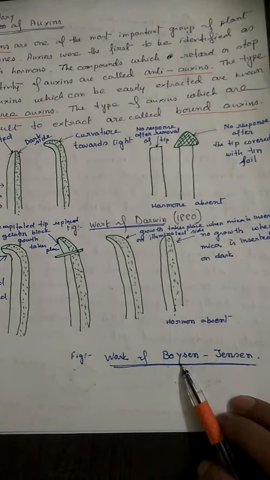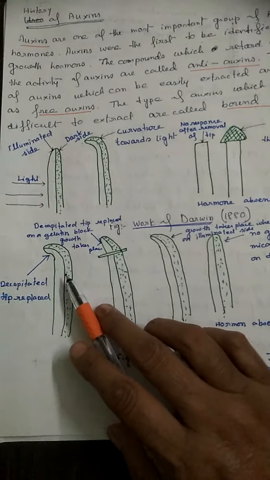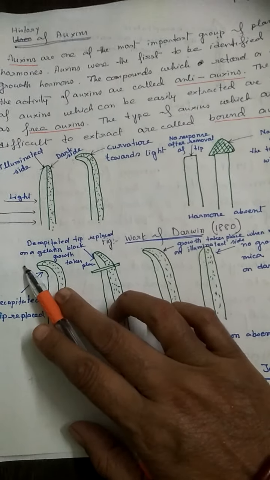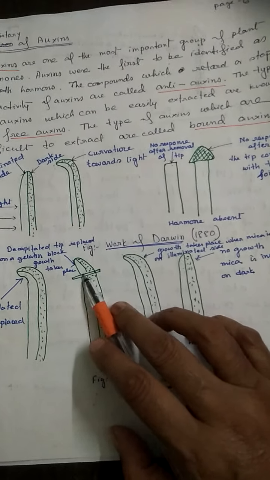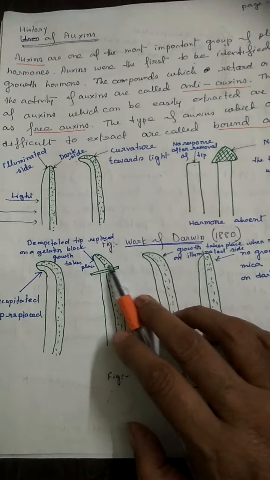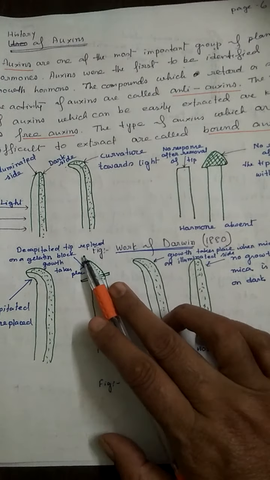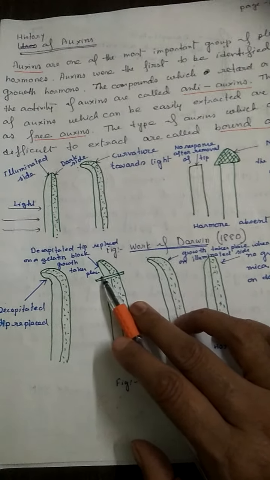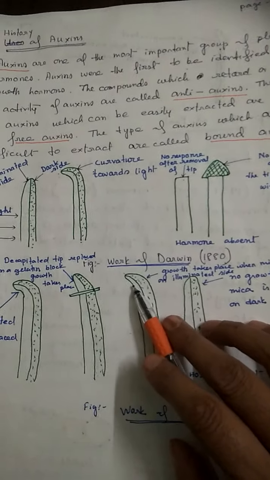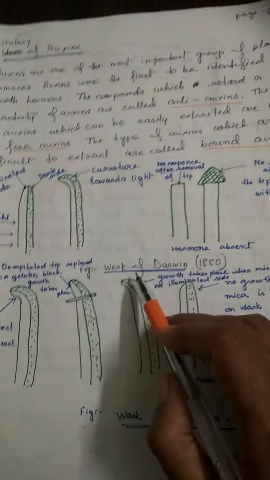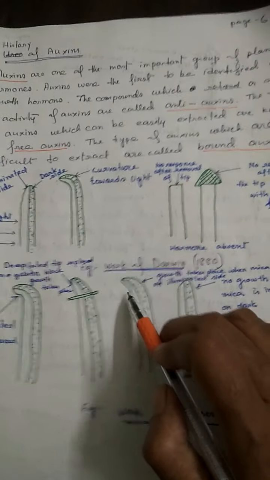Another work is by Boysen-Jensen. He found that the coleoptile bends towards light, and if a gelatin sheet is inserted between the tip and the rest of the coleoptile, bending still takes place. If a mica sheet is inserted on the lighted part, the curvature still forms.